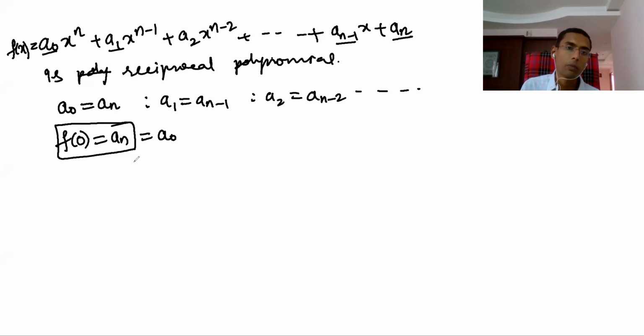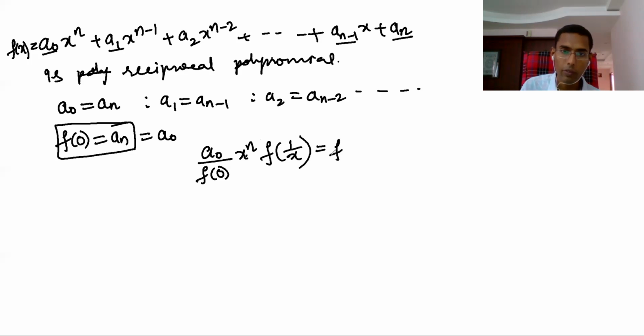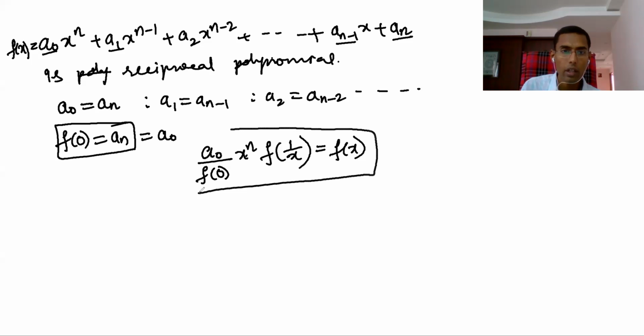So if you do this, a naught by f of 0 into x to the power of n into f of 1 by x equal to f of x, we got. If you do this, a naught by f of 0, that means a naught by an, will give you 1 into x to the power of n. If you do this and both are equal, then you say it is a reciprocal polynomial.